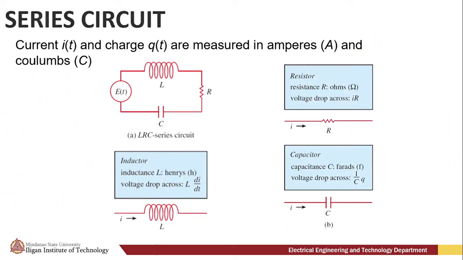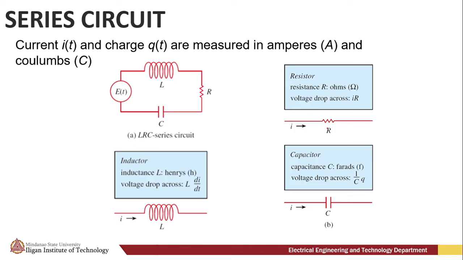So lastly, for our linear model, we have the series circuit. The current i(t) and charge q(t) are measured in amperes and coulombs. To write the differential model for series circuits, we are going to apply Kirchhoff's law.